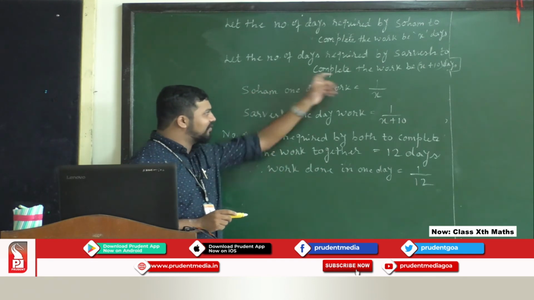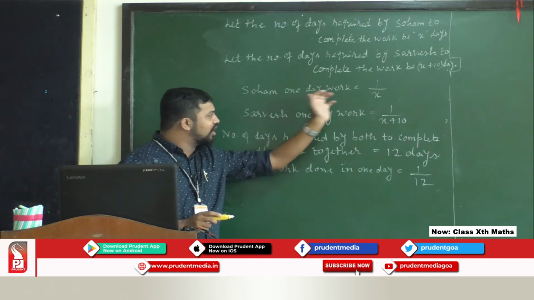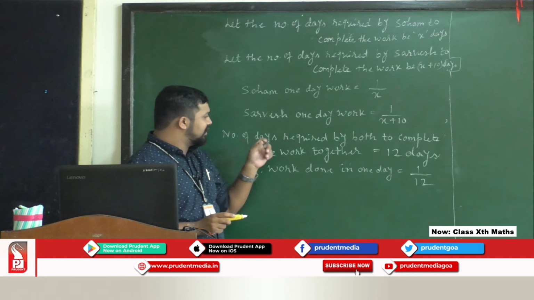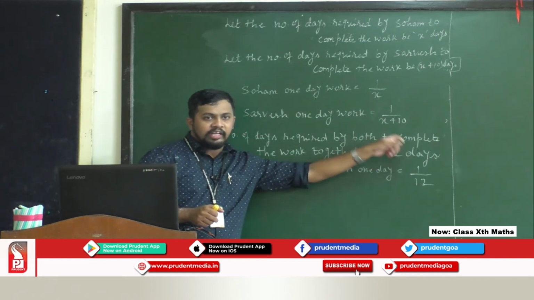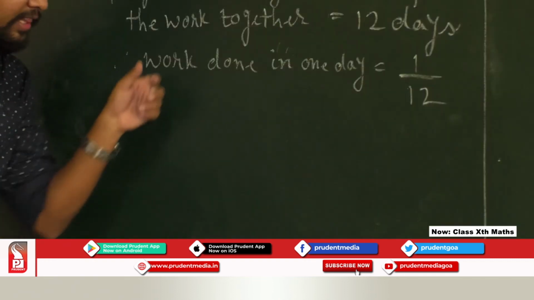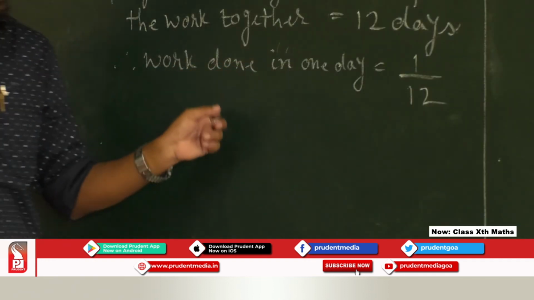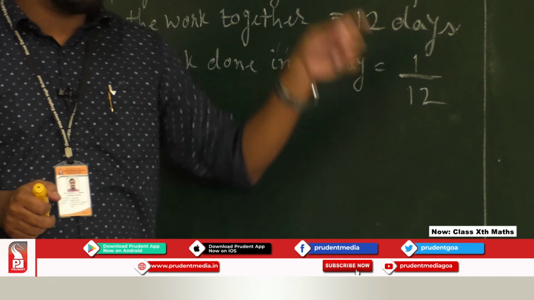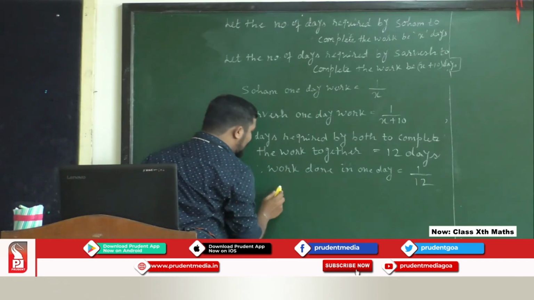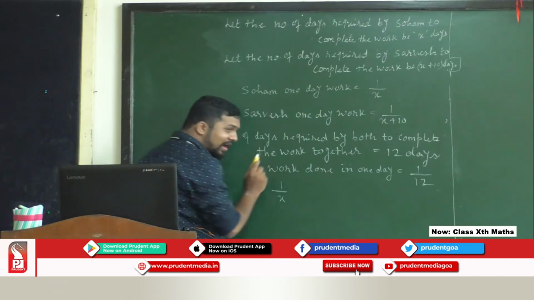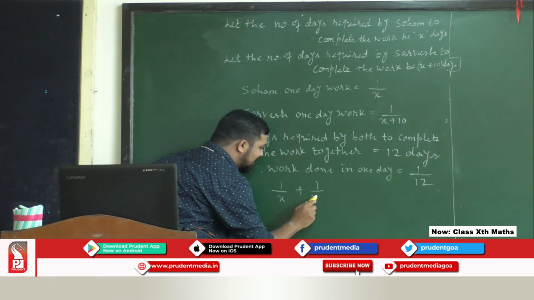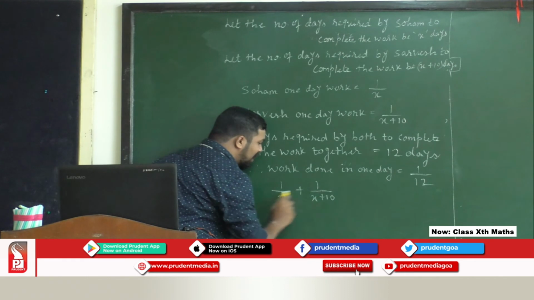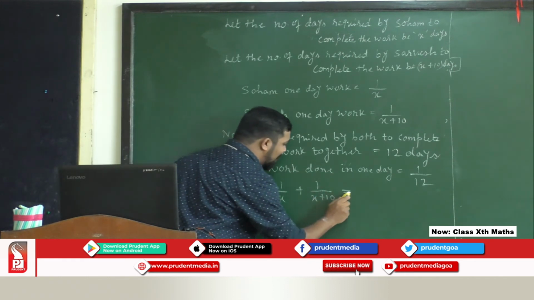So what I did is, 1 day work of Soham I found out, 1 day work of Sarvesh I found out. Now they say if they work together, it will be 12 days. Together work done in 1 day will be 1 by 12. So the statement will be Soham is 1 by x, Sarvesh is 1 by x plus 10, and if they both work together, it will be 1 by 12.